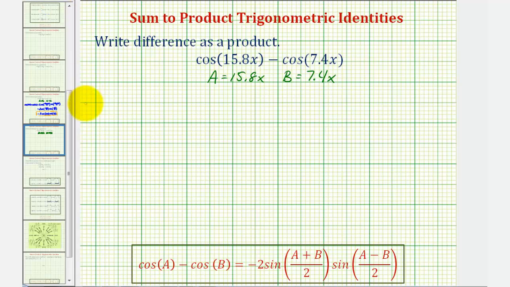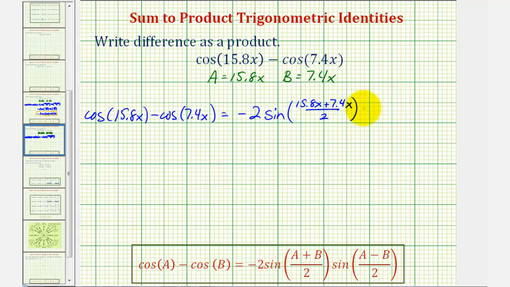So cosine 15.8x minus cosine 7.4x is equal to negative 2 times the sine of A plus B divided by 2, that'd be 15.8x plus 7.4x divided by 2, times sine of A minus B divided by 2, that'd be 15.8x minus 7.4x divided by 2.